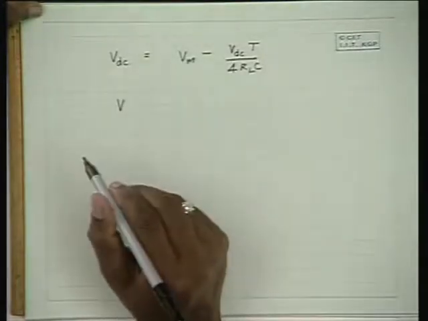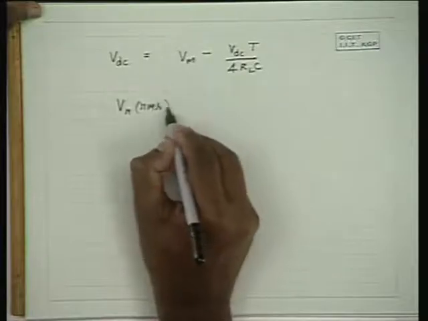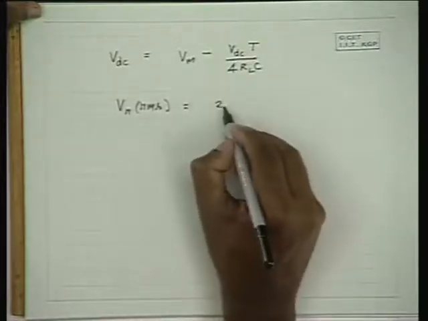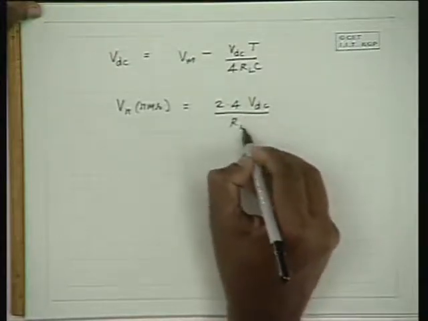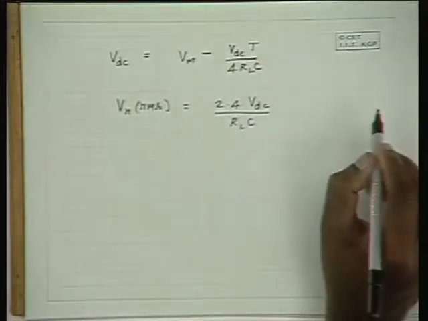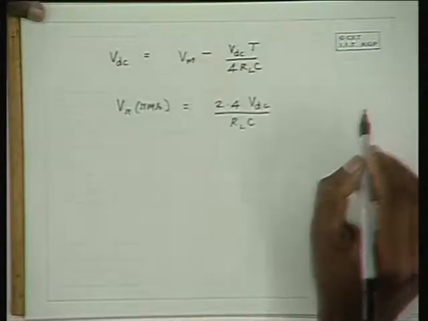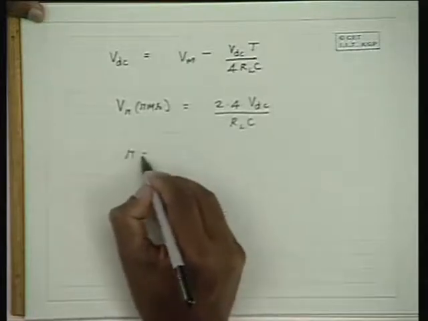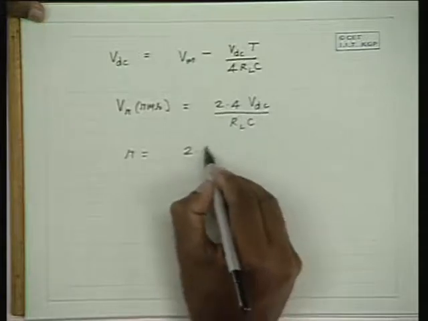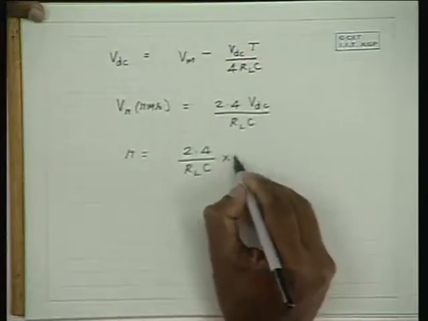I am not carrying out the analysis here, but it can be shown that the ripple's RMS voltage is equal to 2.4 VDC by RL into C. From this, the ripple factor can be obtained as roughly 2.4 by RL into C into 100%.